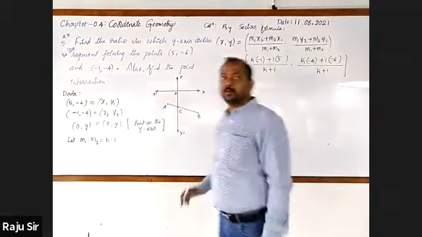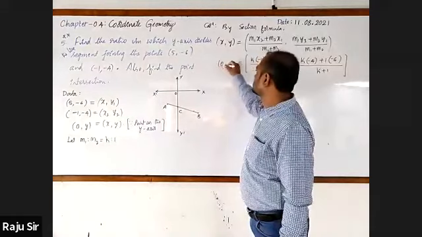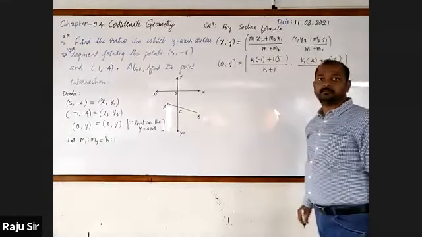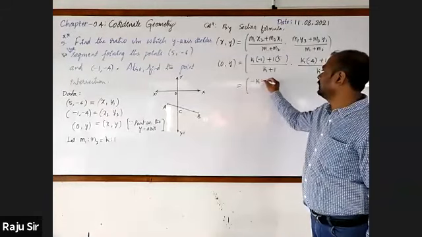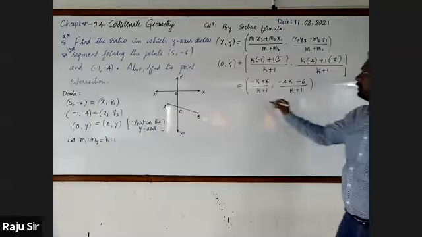As the point is on the y-axis, we can write (x, y) as (0, y), equal to ((-K plus 5) by (K plus 1), (-4K minus 6) by (K plus 1)).